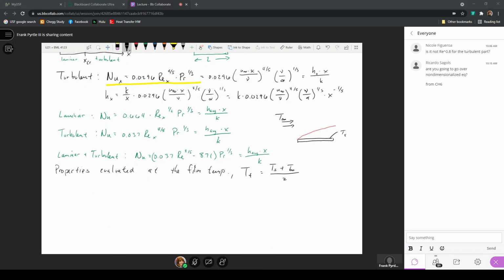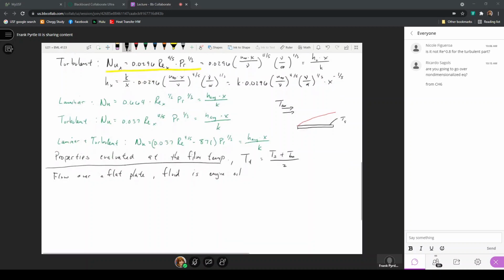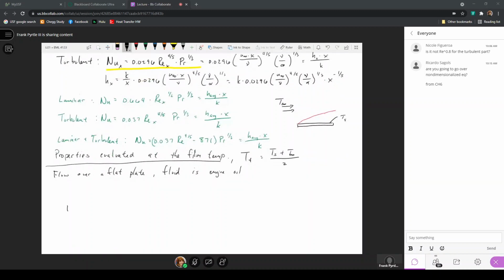I'm going to reference a few examples with different fluids. And so here we'll consider flow over a flat plate. And here the fluid is engine oil. So we have a plate here that is of length L with a fluid moving with a given velocity and free stream temperature.